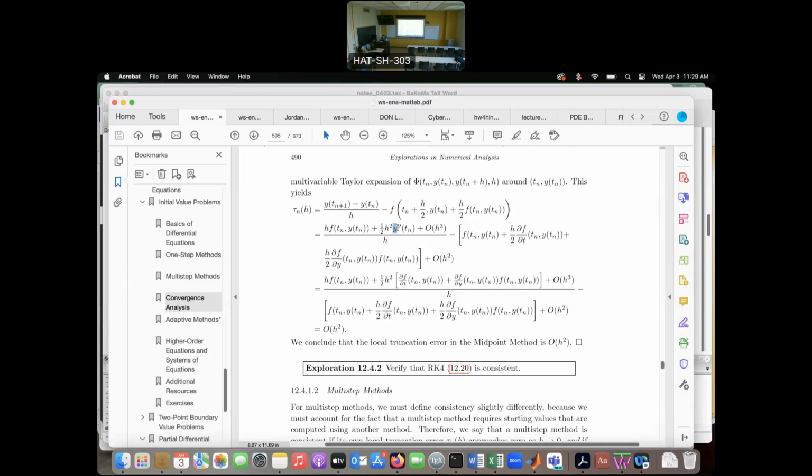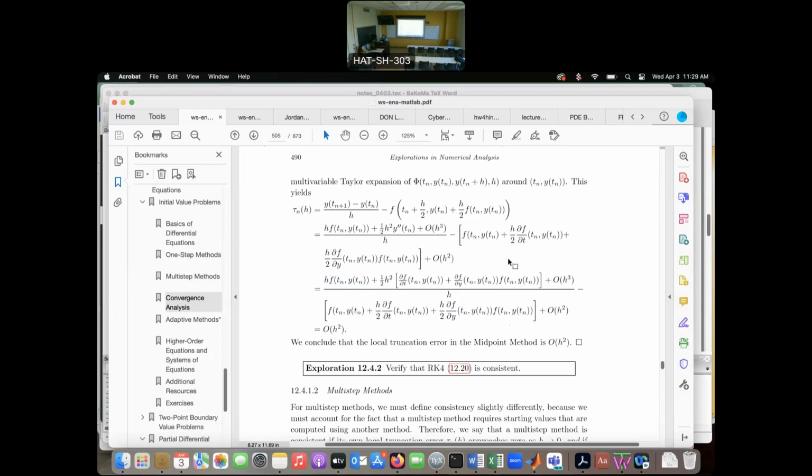So y double prime of t n is equal to this. But then we have cancellation between these terms involving the partial derivatives of f with respect to t and y, and these terms down here that come from the multivariable Taylor expansion of f. So this cancels with this. Actually, everything you see written out here cancels.